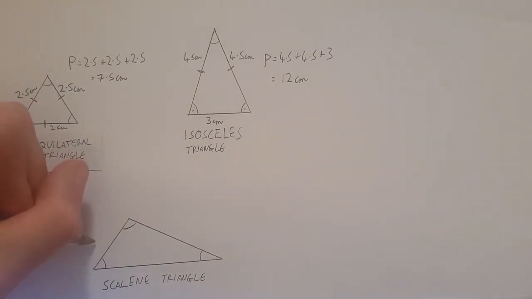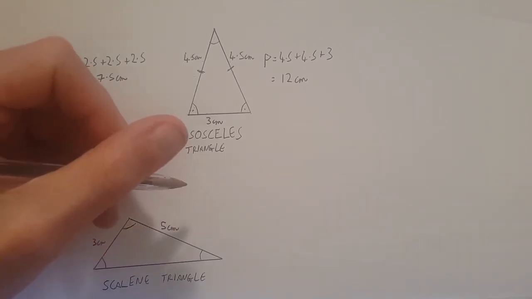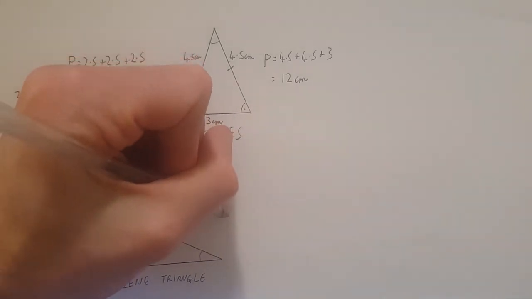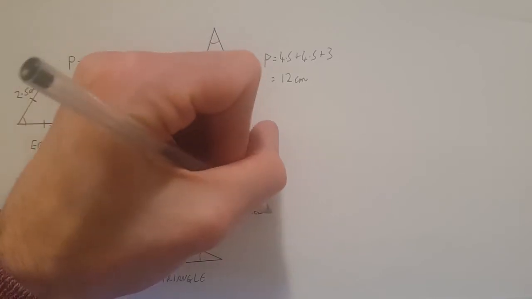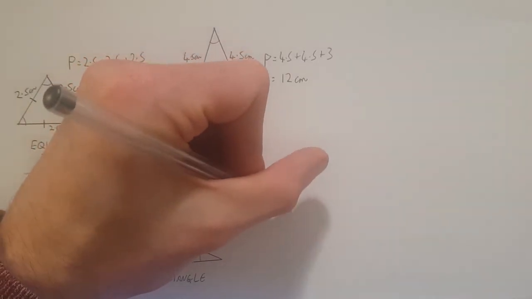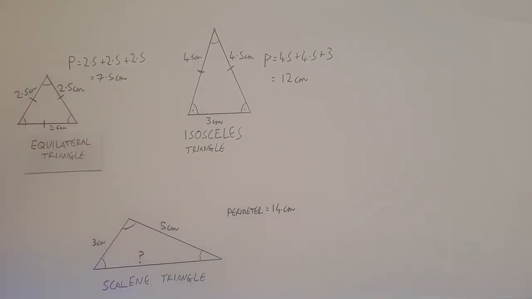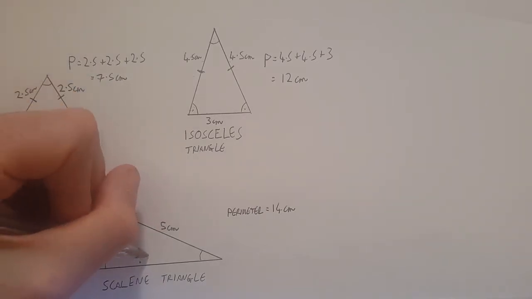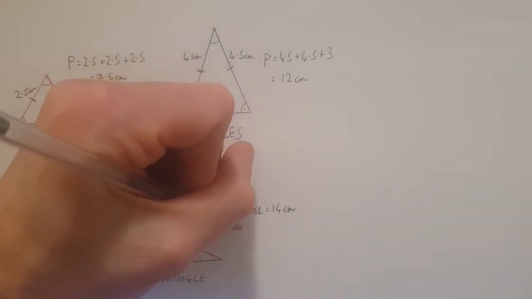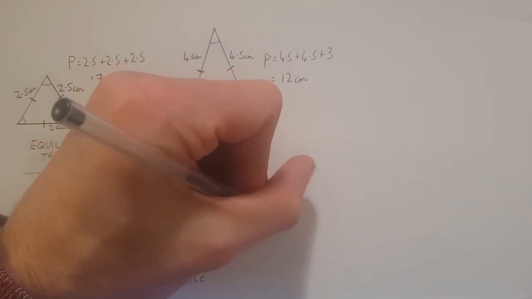Now I'm going to approach this one a wee bit of a different way. If we're told in this one this length is 3 centimetres and this length is 5 centimetres, and we're also told that the perimeter of this triangle is equal to 14 centimetres, and we're then asked how can we find out the length of this side. Well, if we call the length of this side, say L, we can say 3 plus 5 plus L equals 14.